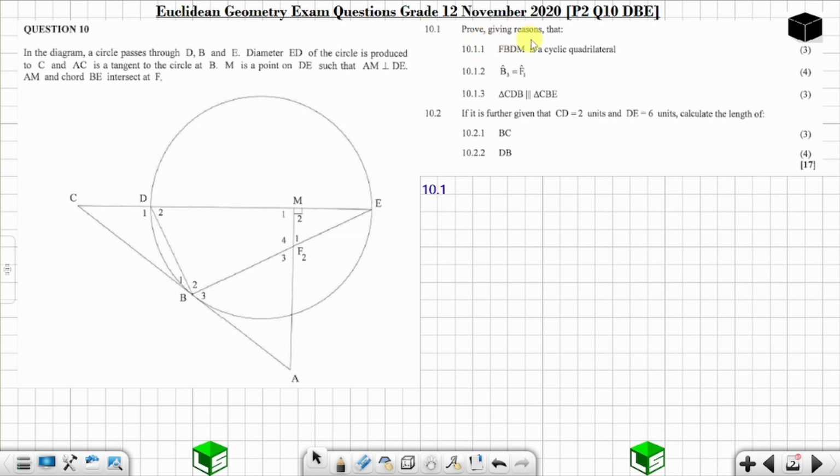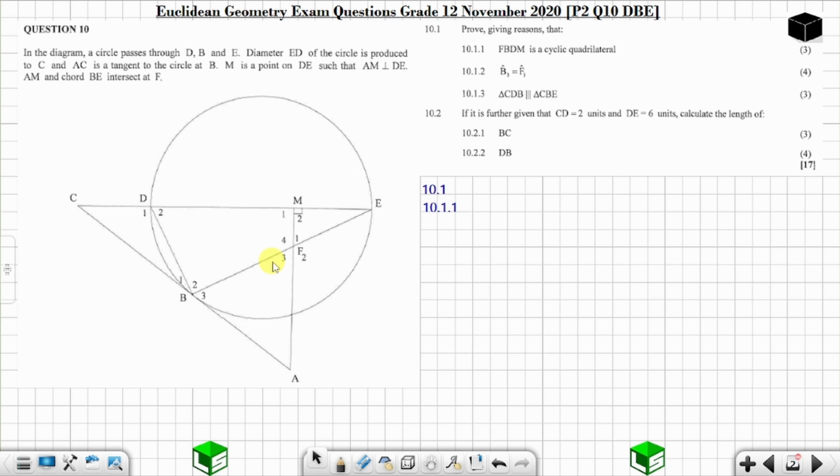Prove giving reasons that 10.1.1, FBDM is a cyclic quadrilateral. 3 marks. So we have 3 ways to prove that a quadrilateral is cyclic.